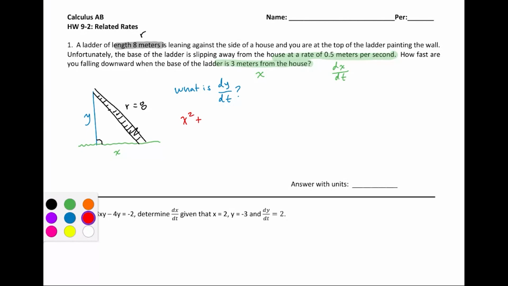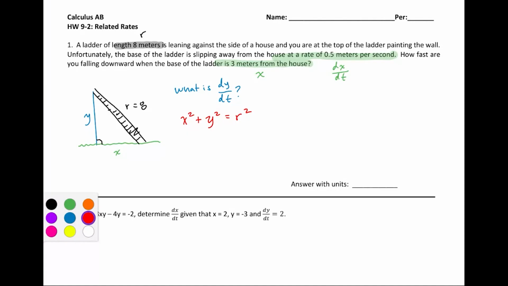x squared plus y squared equals r squared. And we can implicitly differentiate this with respect to t by differentiating each term with respect to t, not with respect to x or y. For each one of these variables, we'll have to do a little chain rule to find the derivative.